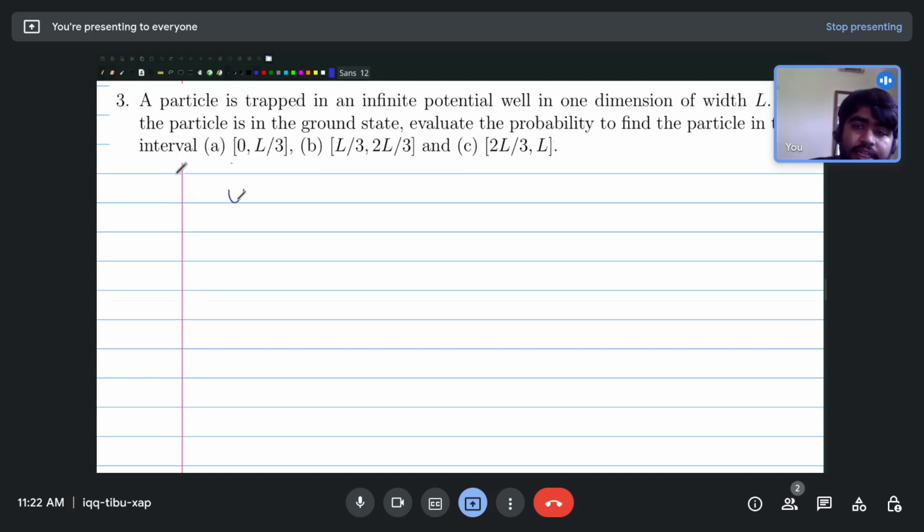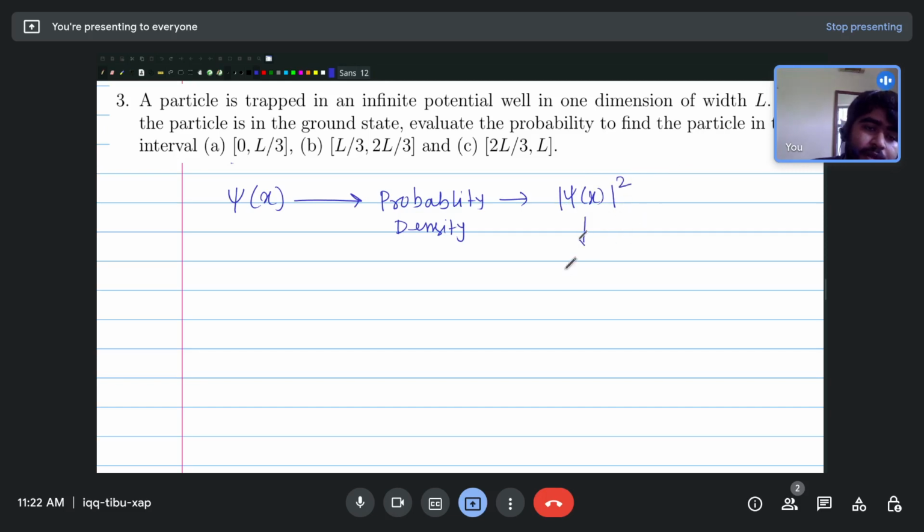In general, let's say we know some wave function psi of x. If we know the wave function, then this gives us the probability density. The probability density is the mod square of psi of x.